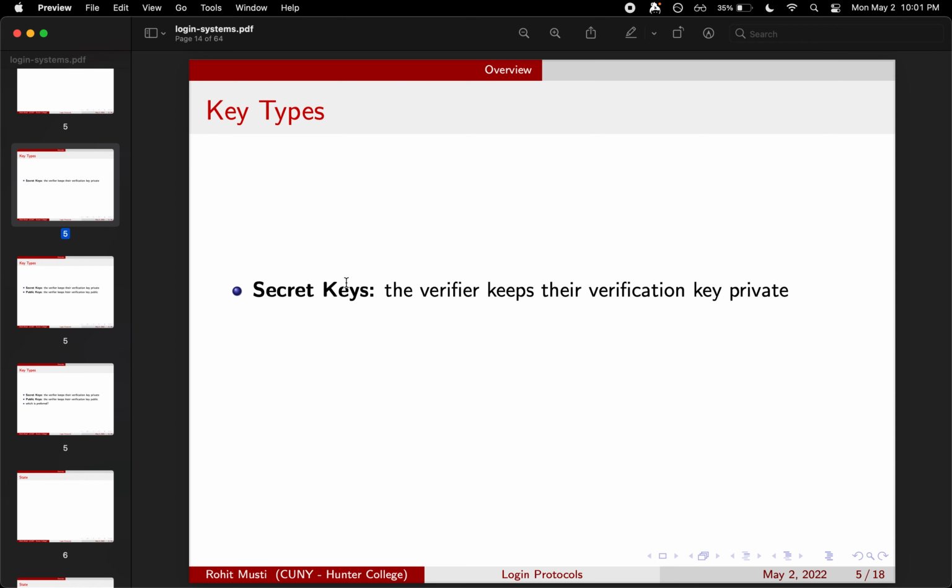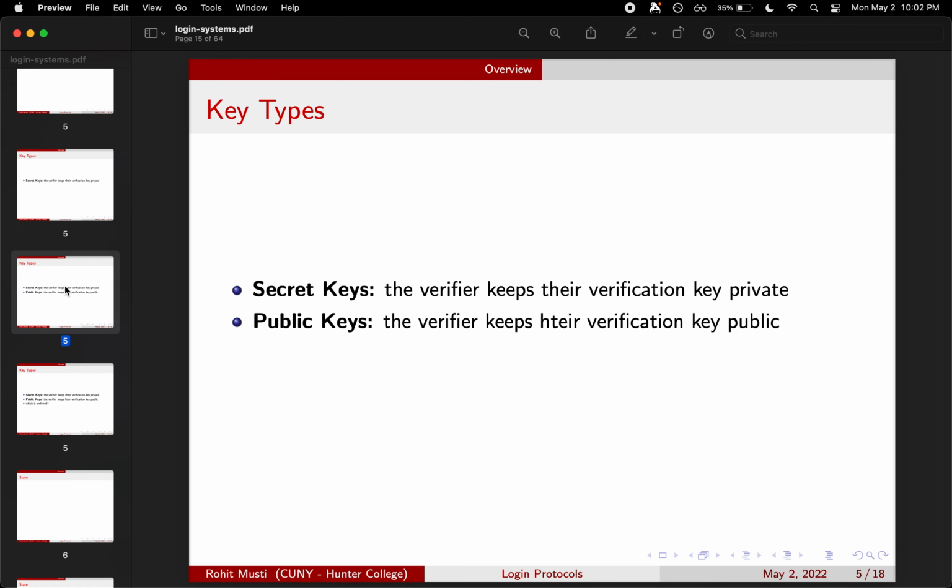The first key is a secret key. This is where the verifier keeps their verification key private. The second type is a public key, where the verifier keeps their verification key public. Between these two, which would you prefer? So would you prefer using a secret key, or would you prefer using a public key?